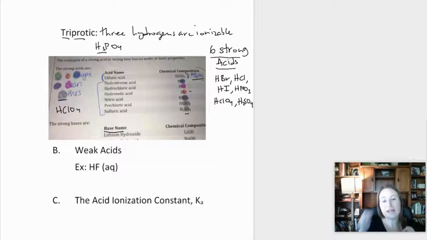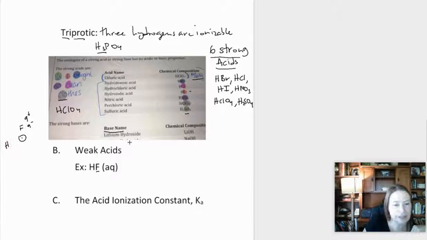Okay, a weak acid. Notice that this is a lot of the halogens. We have chlorine, bromine, and iodine. Fluorine is not on our list of strong acids. That's because it's so tiny. We have F. It has 9 protons and 9 electrons, so 9 positives and 9 negatives.